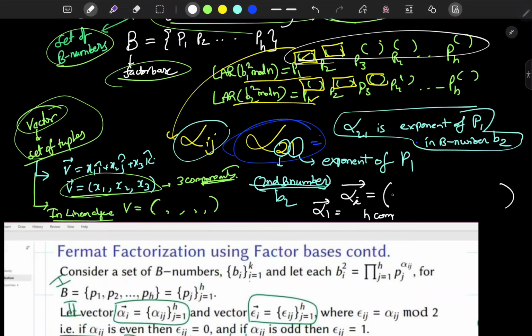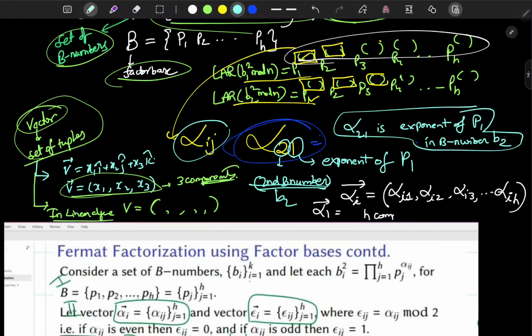You can write alpha i bar as alpha i1, alpha i2, alpha i3 and so on till alpha ih.